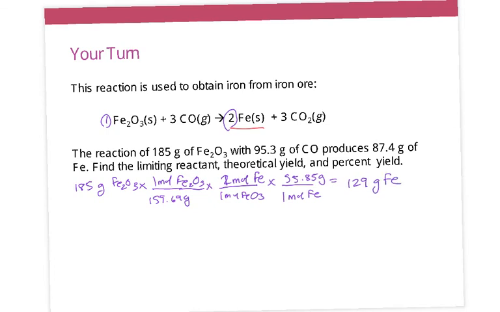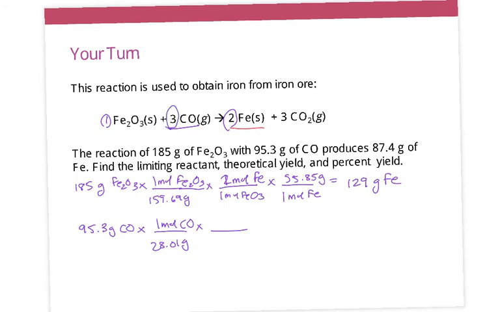Let us do the same thing for our second reactant. We are told that we have 95.3 grams of carbon monoxide. So we have 28.01 grams for every 1 mole of carbon monoxide. And let's look at our ratio up here.